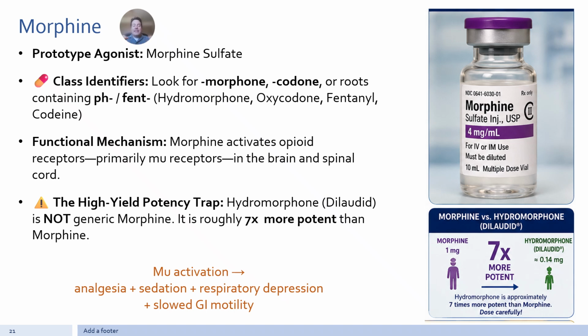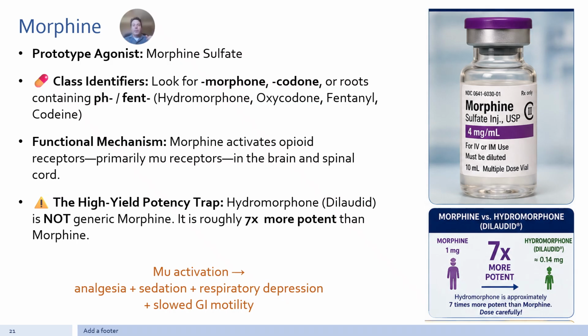Hydromorphone and morphine, though they sound the same, are really different. Hydromorphone or Dilaudid is roughly 7 times stronger via IV than morphine. So if an order calls for 2 milligrams of morphine and you accidentally give 2 milligrams of hydromorphone, you've just given basically 14 milligram equivalent of morphine to your patient and you could kill him.